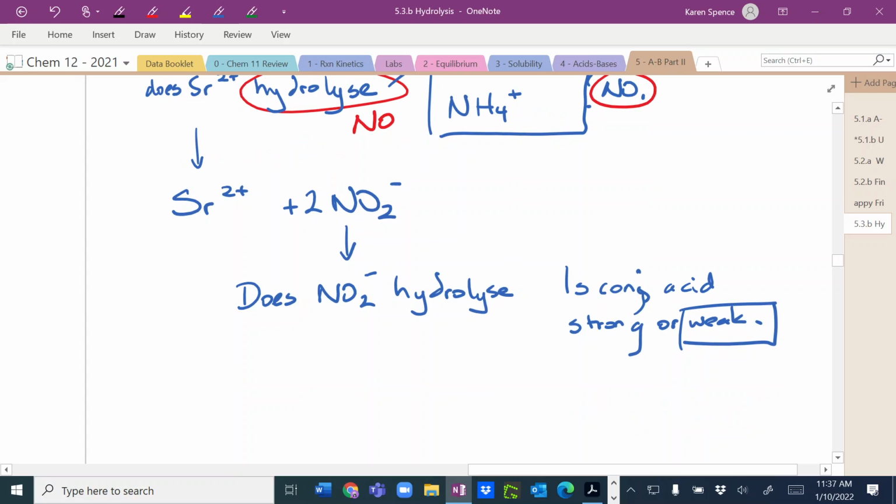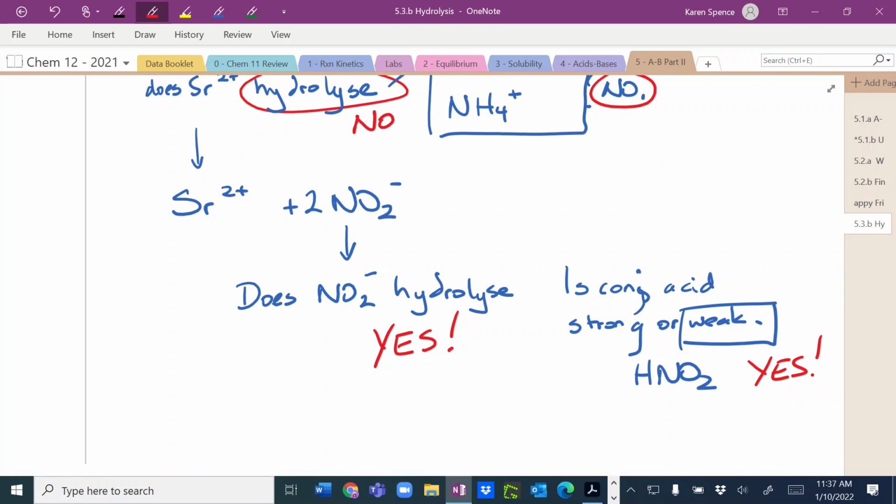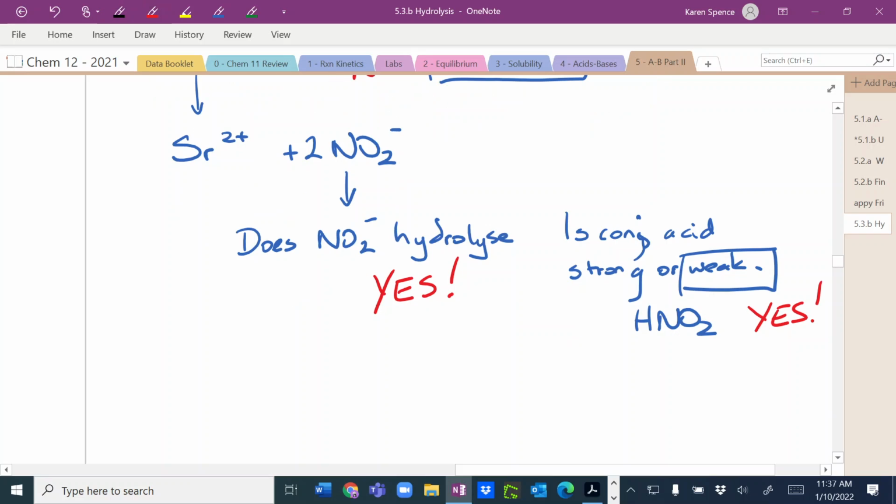Okay. And if the conjugate acid HNO2 is weak, then we say yes. If it were strong, we would say no. And if it does hydrolyze, you can write the hydrolysis equation.